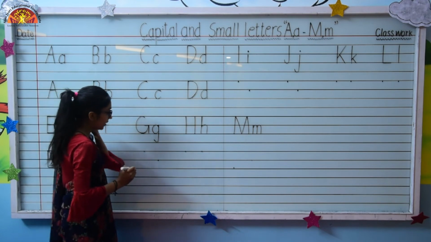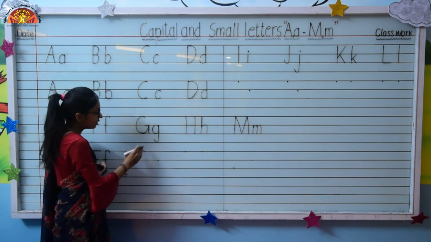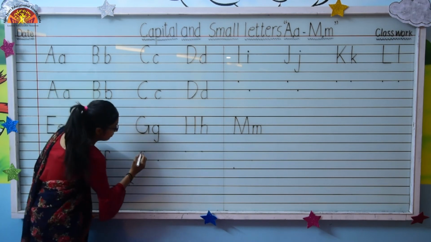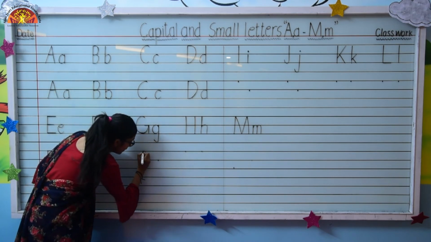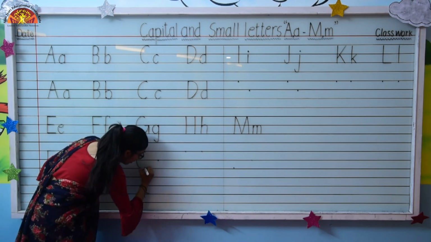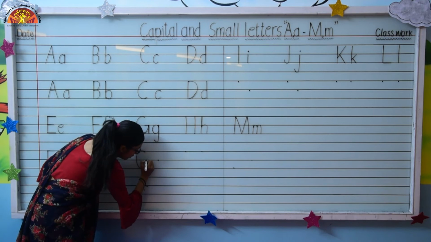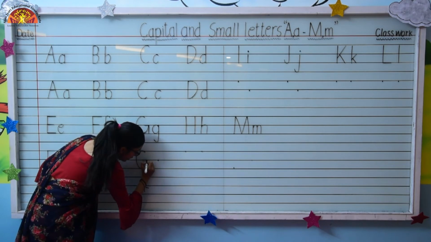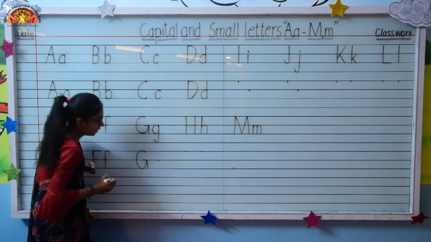Okay. Again kids. Now come to next one. This is capital letter G. Let's make it. Make a long curve up, small sleeping line inside it, come with the same line, small standing line and touch it.